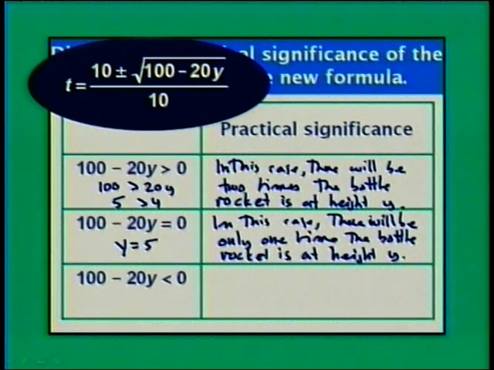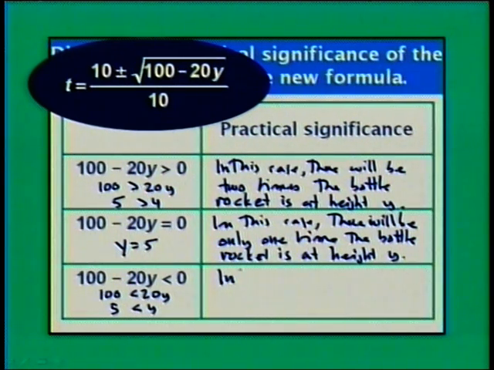What about this situation? Well, solving this inequality, this is where y is greater than 5. Now what happens here? Now the discriminant is negative, there are going to be no real number solutions to the quadratic equation. And what this means is that the bottle rocket will never hit that height.